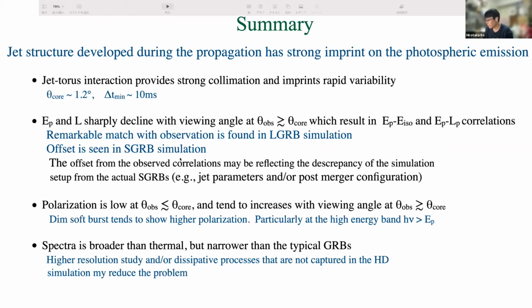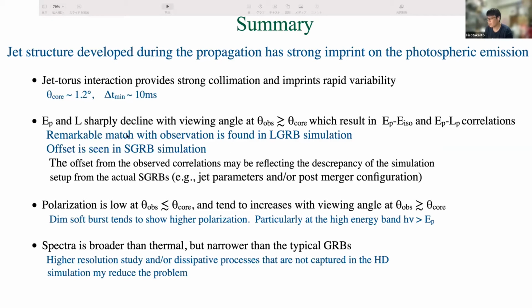We find that, insensitive to the simulation setup, we always find a sharp decline of peak energy and luminosity at angles beyond the core angle of the jet, which results in the correlation between E_p, E_iso, and L_p.